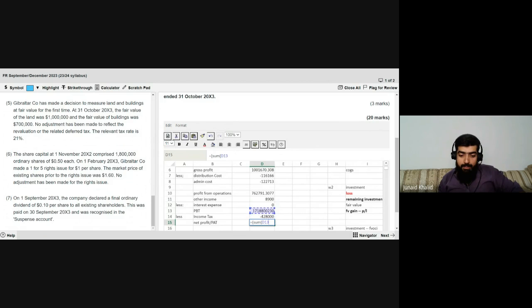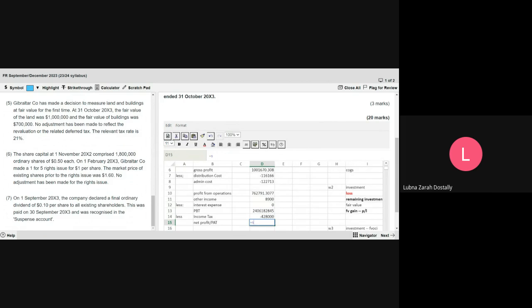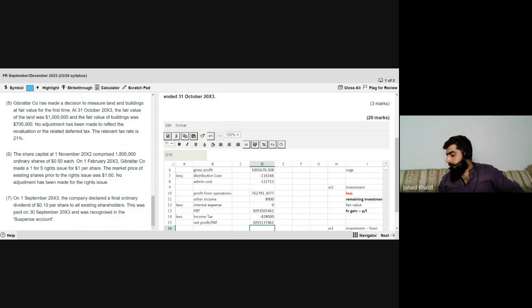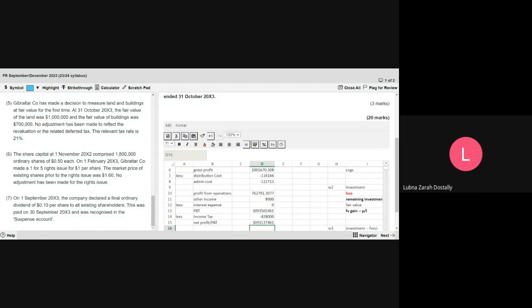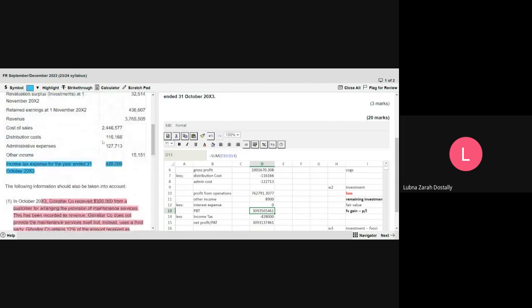Sum, and from profit from operation I'll be adding D10 plus D11 less D40.